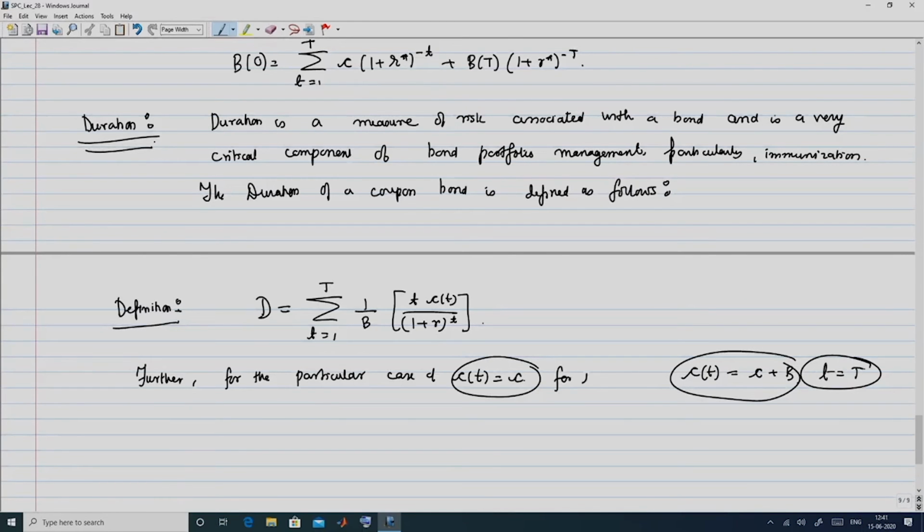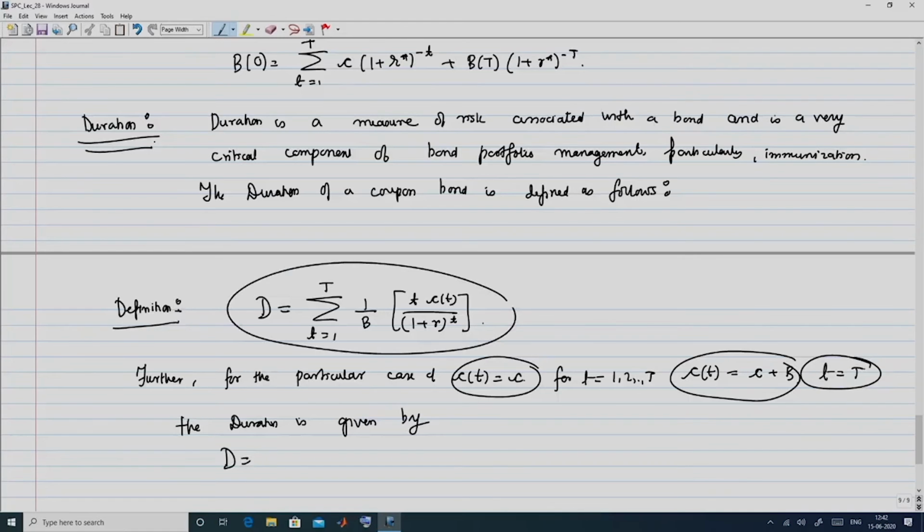So, C of t is equal to C for t equal to 1, 2 all the way to capital T, then the duration is given by d.